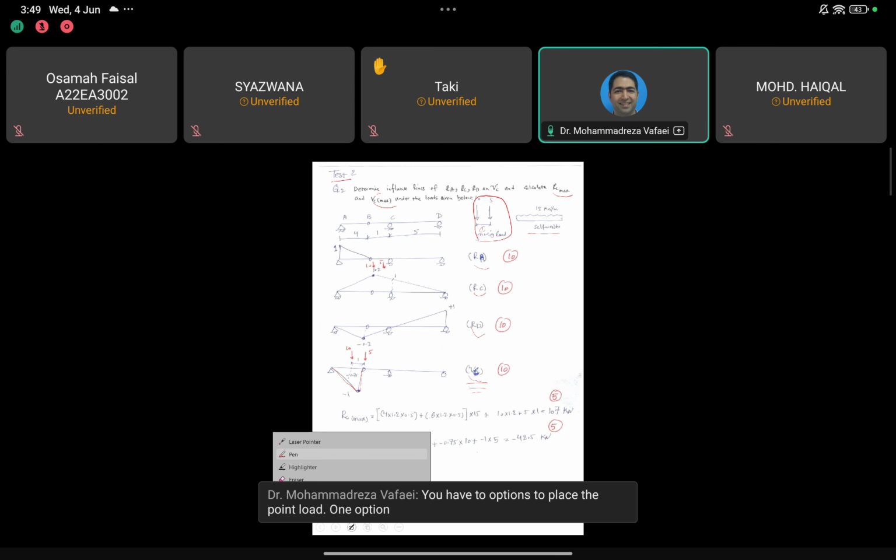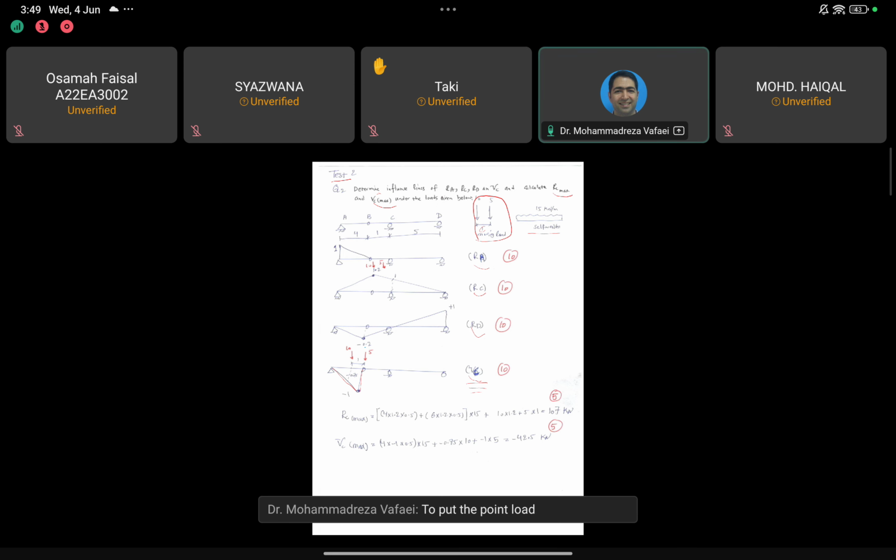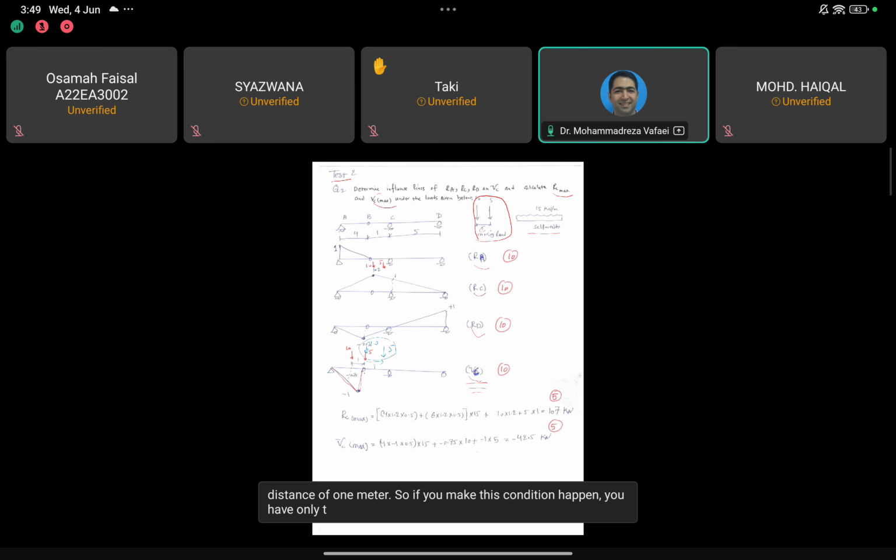One option is to put the 10 here and 5 after that, with a distance of 1 meter. In that case you have 10 multiplied by 1, and you get negative 10 from your point load. The second case is the one that has been written there.